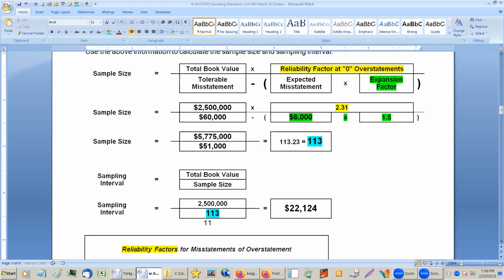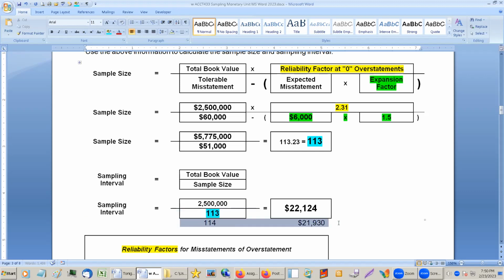Okay, so if it was 114, and again, this is probably what I would have done on it. 21,930.